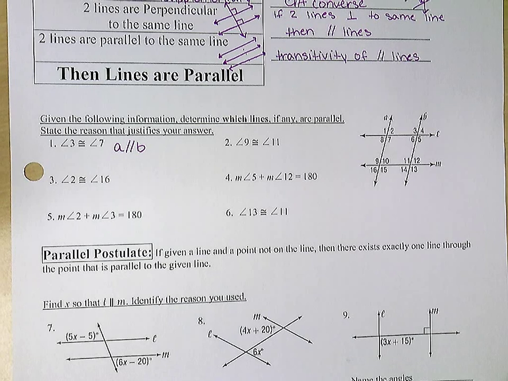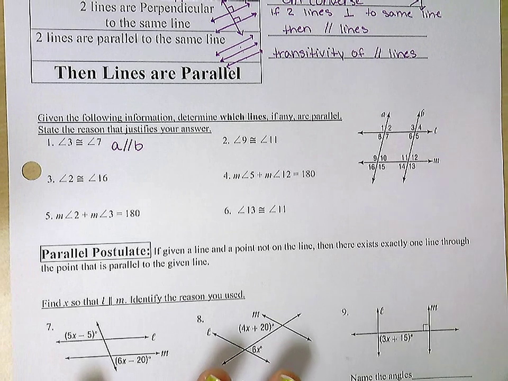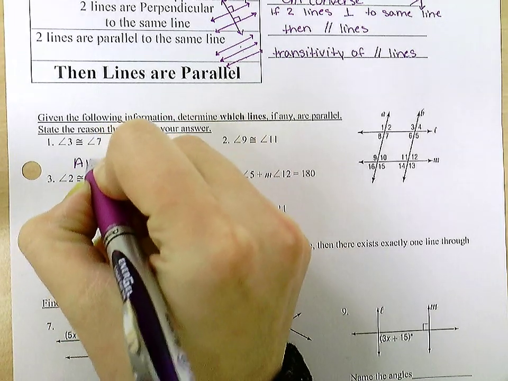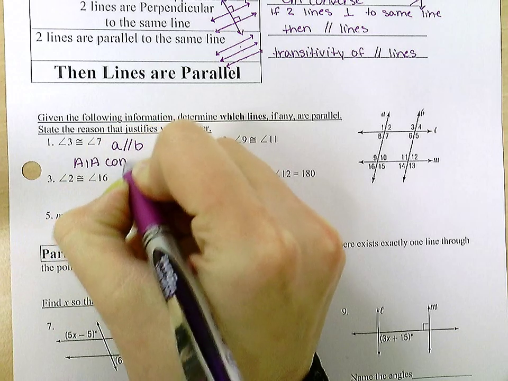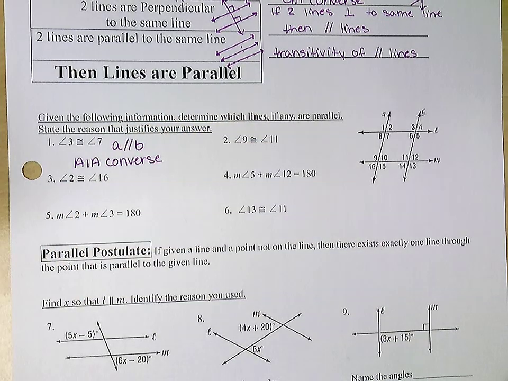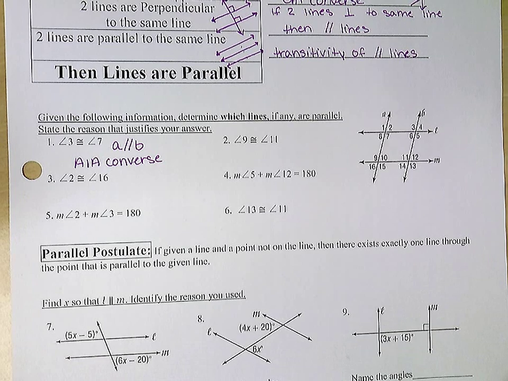Okay, so why are these parallel? Well, I notice since these two angles are congruent, those are alternate interior angles between those parallel lines. So I would say these are parallel lines by the alternate interior angle converse. So you just have to identify what that angle pair is and then use its converse to prove lines are parallel.